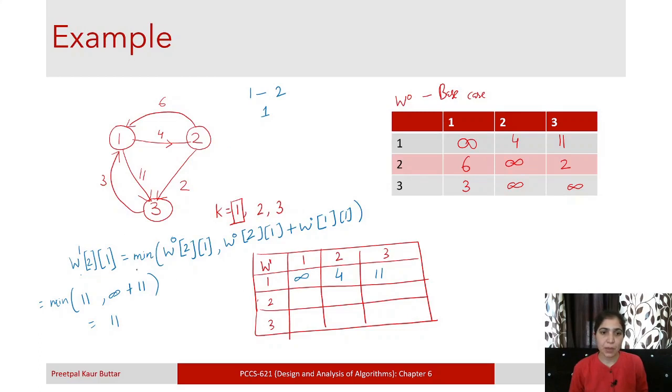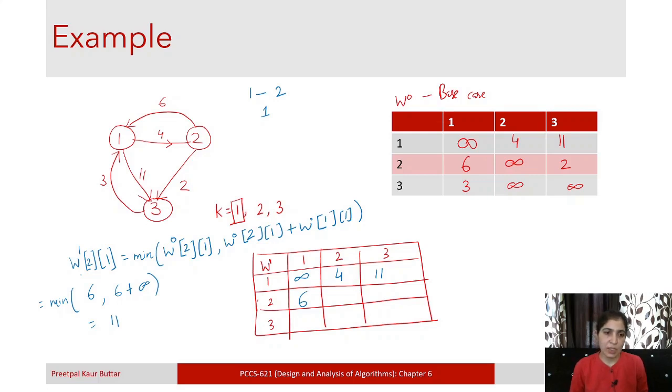So 2, 1 is 6, 1, 1 is infinity, so it will be the same. Everywhere if you try to see, it will be the same. 2, 2, it is infinity.